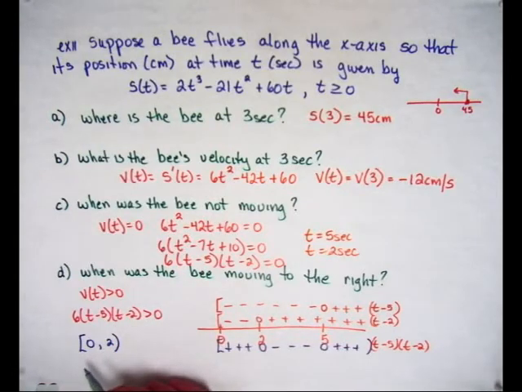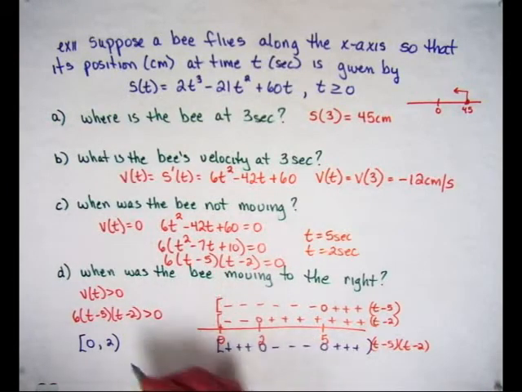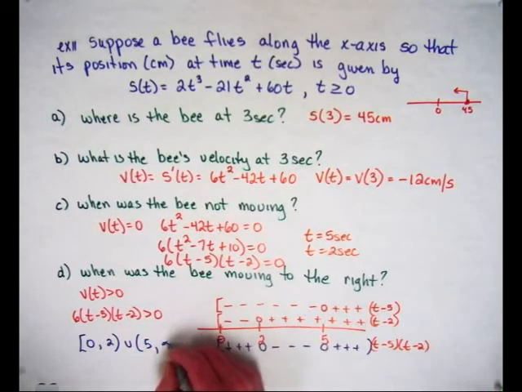You notice it's a square bracket because right at 0, the object does have a velocity of 60. The bee did not take off at 0. We started keeping track of the time at 0, but at time 0, the velocity would be 60. And then union, round bracket, 5 to infinity.